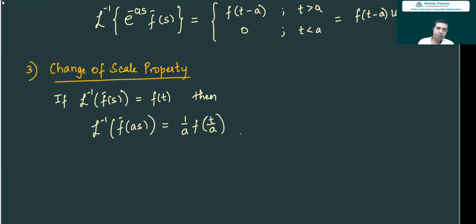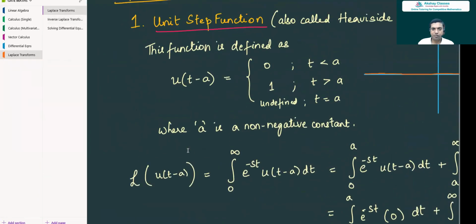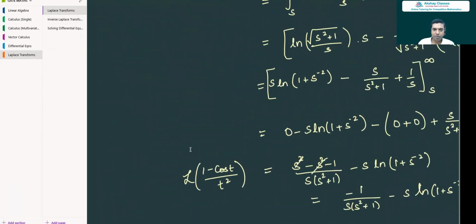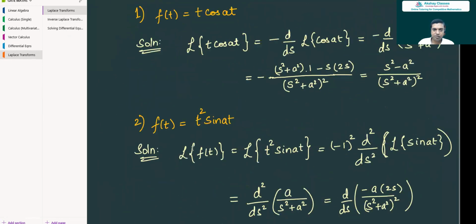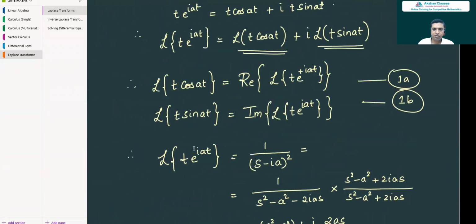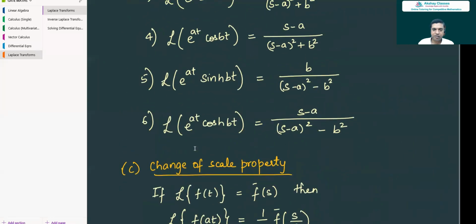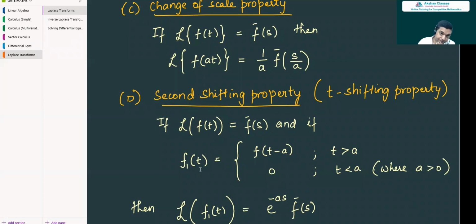Look at the change of scale property from Laplace transforms. There it was said that f of at will give 1 by a f bar of s by a.